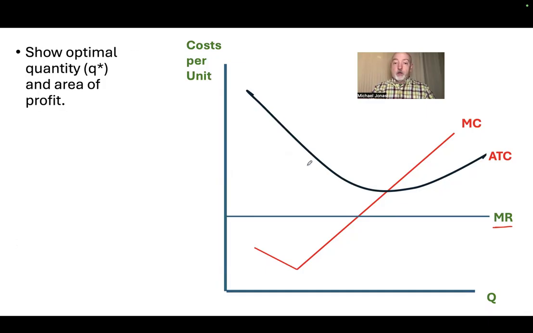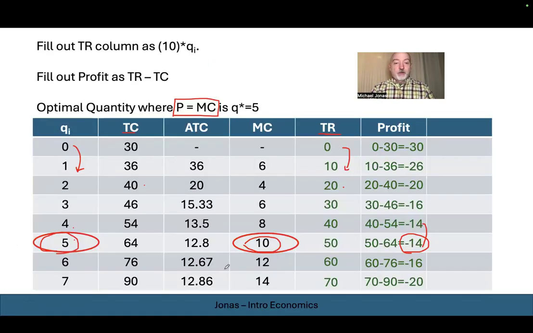So setting our price here at 10, start with finding the optimal quantity. So when marginal cost equals 10, that's where we found our Q-star, at the level of output of 5. And then from there, we go straight up to the average total cost. And on the table, we see that that was 12.8, right? If we just go back real quick, sorry, we're looking at this number here, right?